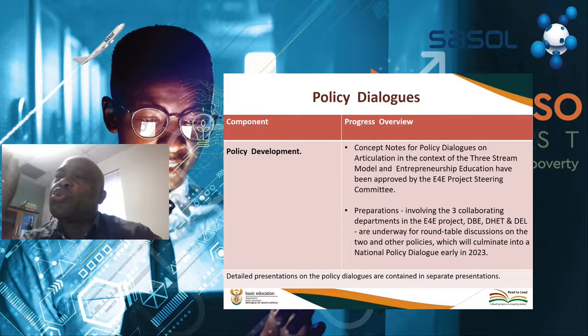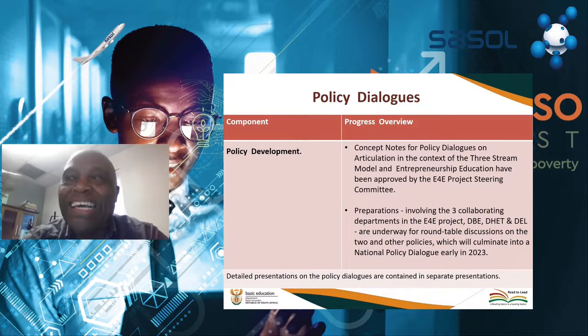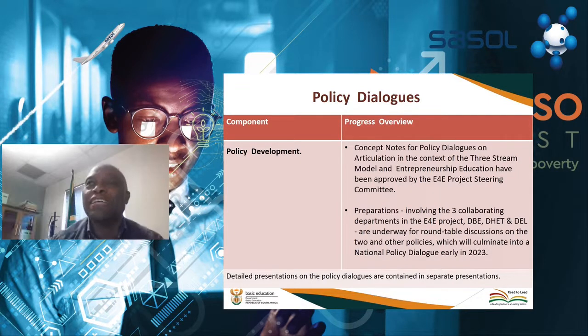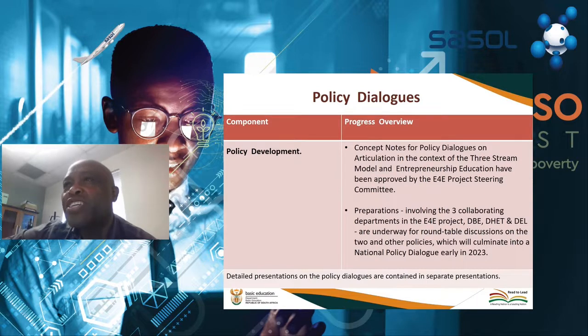This actually refers to policy areas that have been identified by basic education, which are going to form part of the policy dialogues, which are part of the integrated business plan between the three departments. So policy dialogues are already planned for, and we have identified from basic education, as part of our contribution to the policy dialogue, policies relating to articulation as well as entrepreneurship in education.